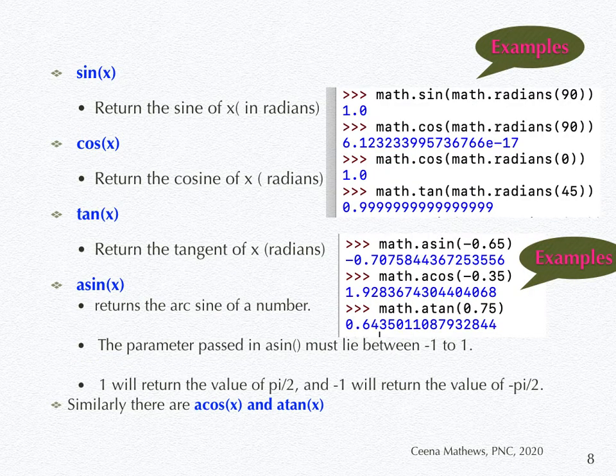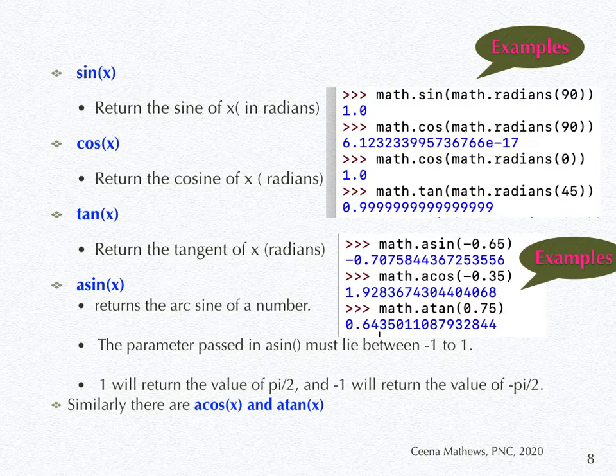Next is the sine function. It returns the sine of x. The value of x should be in radians. So in this example, math.sin of, instead of directly giving 90 degrees, you have to convert this into radians first. So we call the function math.radians here for converting the 90 degrees to radians, and then it displays the result as 1.